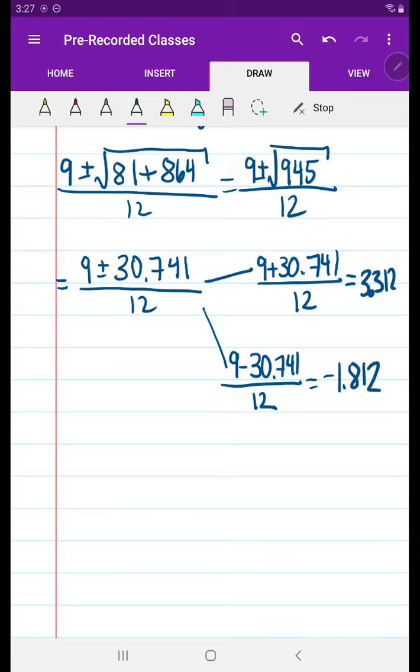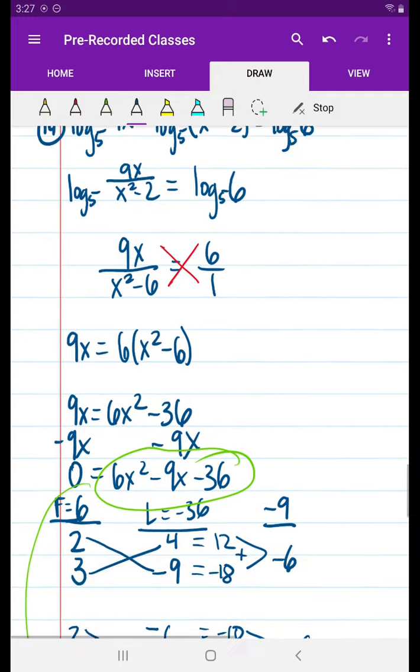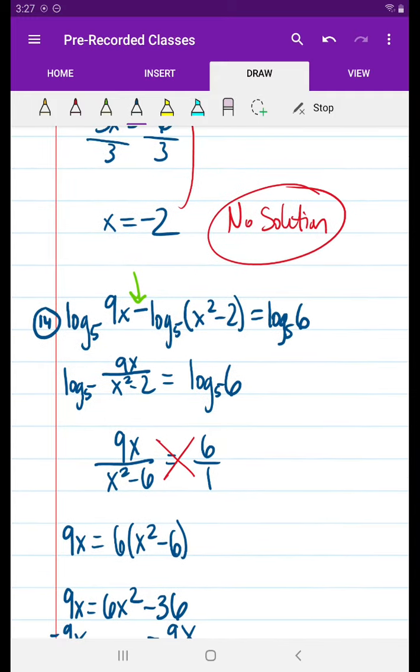And both of these are viable solutions. Neither one will make the arguments negative. Well, actually, if I just take a quick look back at the original problem, yes, one of them won't work.